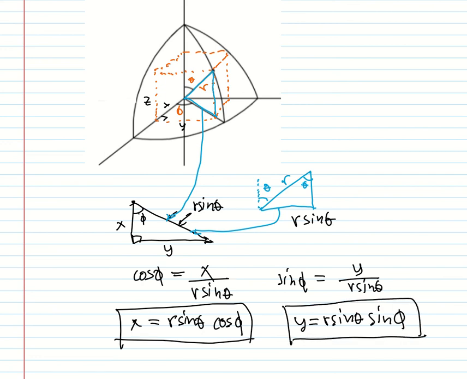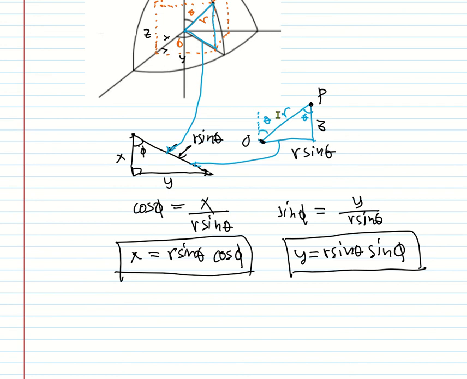And lastly, for our z, it is this side here. This is our z. This is the length. This is the point, P. And this is the origin. So this is z, the distance from the xy plane towards the point. So if we solve using this triangle, given r and theta, we can solve for z. So hypotenuse is r, and z is the adjacent side. So that will be just equal to cosine.